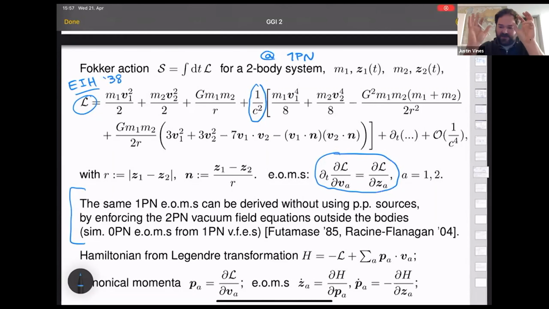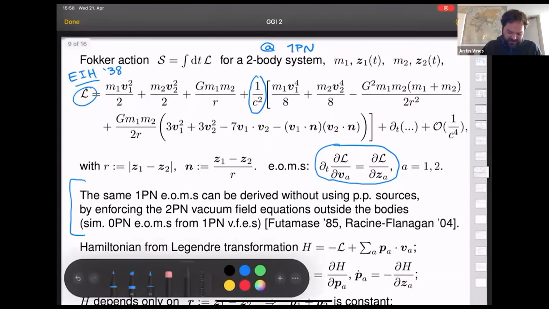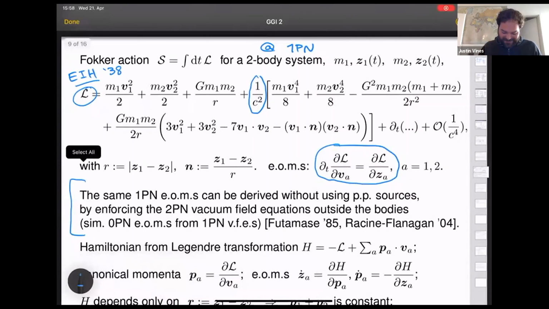At least at this order, the only important thing about the body, it doesn't matter what kind of body it is or how you describe it, is its mass and some notion of its position, a representative world line. You can derive exactly the same equations of motion, with much more effort, without using distributional sources. Similarly, you can derive the Newtonian equations of motion from the first post-Newtonian vacuum field equations.